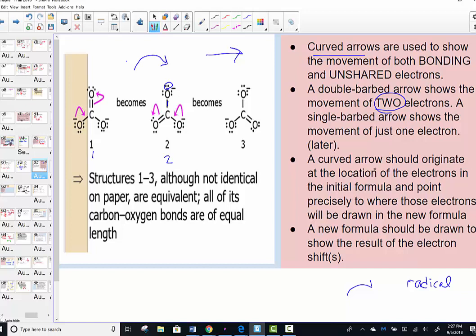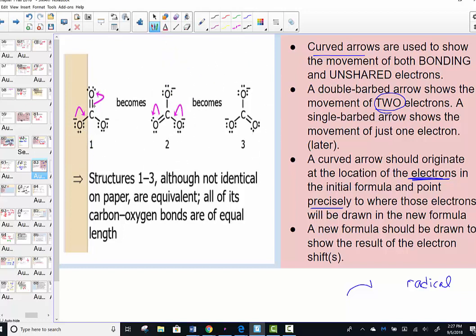A curved arrow should originate at the location of the electron in the initial formula and point precisely to where those electrons will be drawn in the new formula. So the origin starts at the bond or the electron pair that's moving, and it's going to point where the new electrons were placed. Let me emphasize that again, kind of clean the slate here.